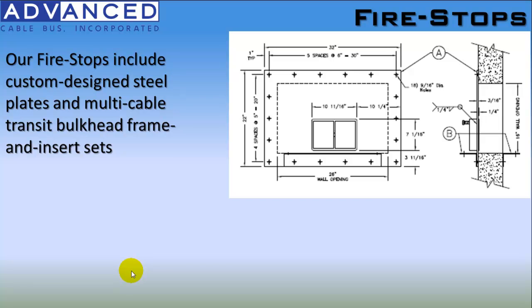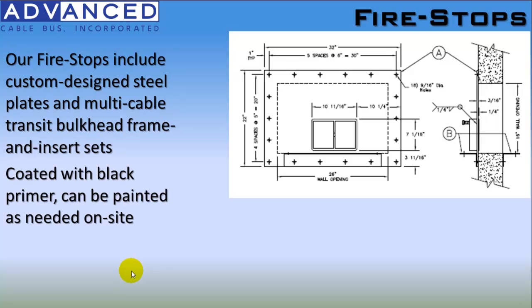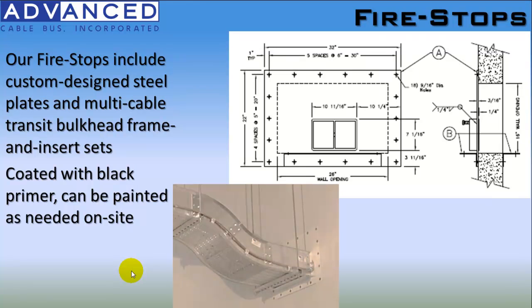And on either side of the wall opening, we will provide a bracket for placing the cable bus housing pieces. Each fire stop plate and frame will be coated with black primer and can be painted to any color as needed on site. In this particular example, it is painted white to blend in with the wall, and you see the cable bus piece approaching it.